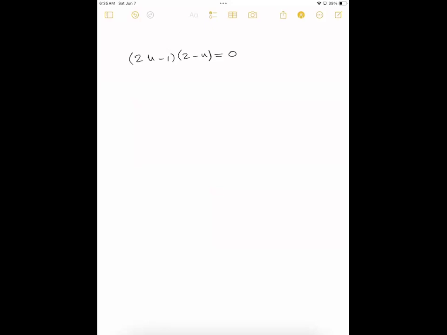So I have an equation. This equation has 2 factors on one side and a 0 on this side. And the way we solve this kind of equation is that we set each factor equal to 0. So 2u minus 1 equal to 0, and then 2 minus u equal to 0, and then we solve each one of them.